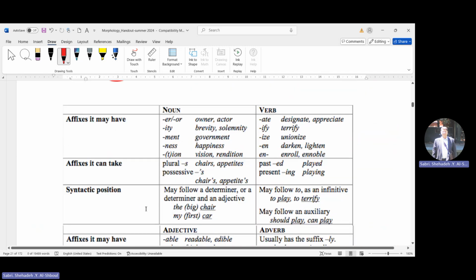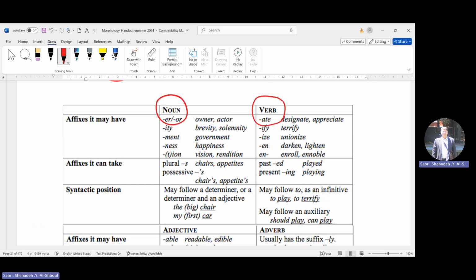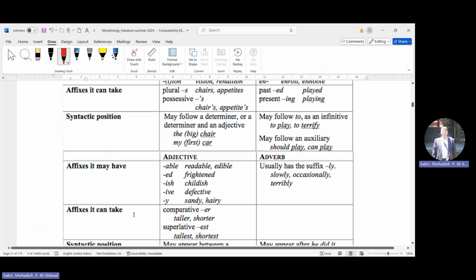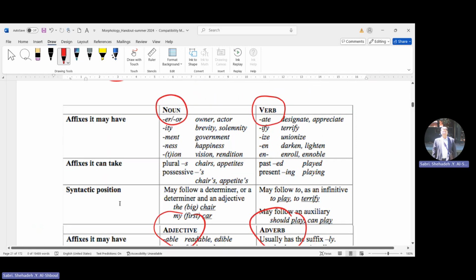Now here in front of us, we have an example on the status of suffixes and affixes in general in words and how they can attach to these words. We look into these classes or parts of speech: nouns, verbs, adjectives, and adverbs. The main goal here is to know the mechanism of affixation.